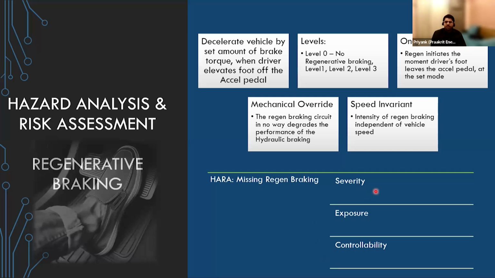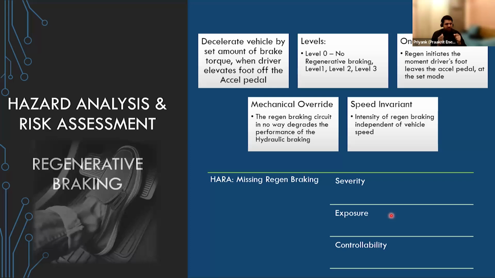Briefly explaining them, severity means that in case that failure happens, which is that the regen braking is not working, how likely would the severity of an accident be? Exposure means how likely are you going to be in a scenario where a missing regen is dangerous? And finally, what can the driver do to prevent the accident from happening in case of missing regen?